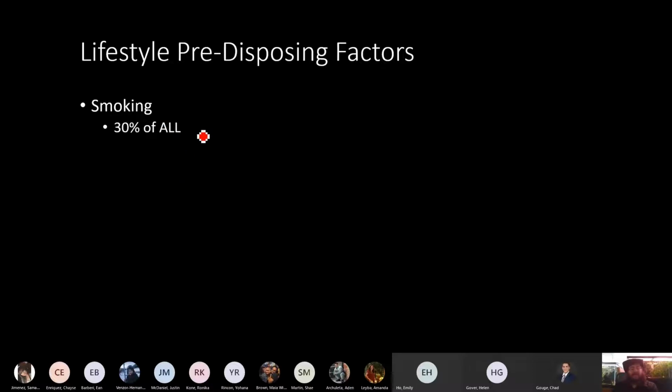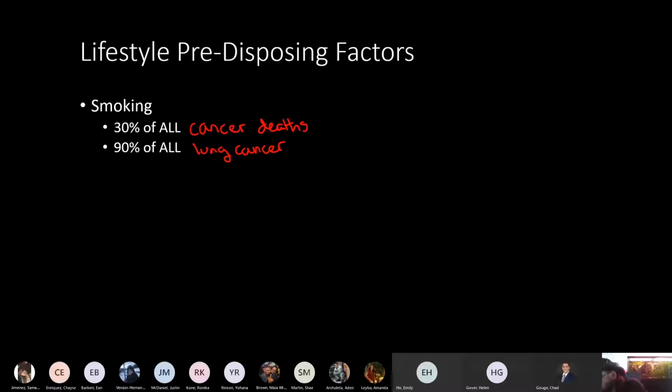Smoking represents 30% of all cancer deaths. When you look at cancer deaths, 30% of all cancer deaths can be attributed to smoking, which is surprising. Less surprising, 90% of all lung cancer deaths are attributed to smoking. Smoking is not good for you.